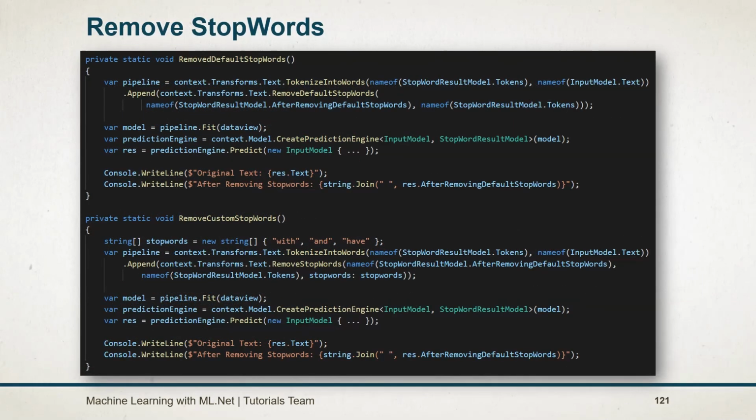While performing sentiment analysis, we need to remove the stop words so our algorithm can focus more on the important words. If you have a predefined set of words, then you can use RemoveStopWords and pass the string array. If you don't have one, then you can use the RemoveDefaultStopWords method to use a predefined set created by Microsoft. Stay tuned for the next session.